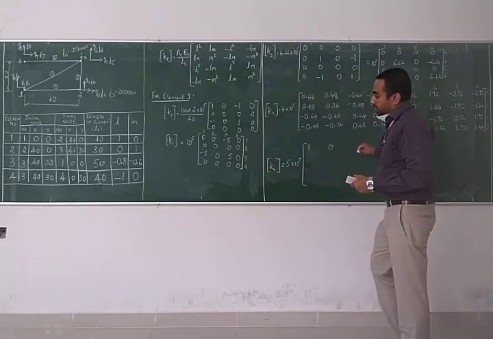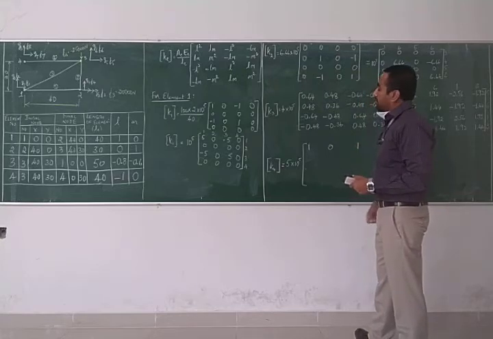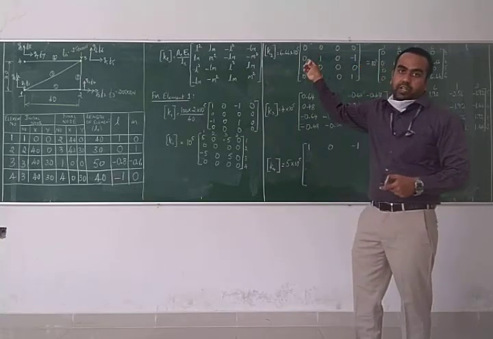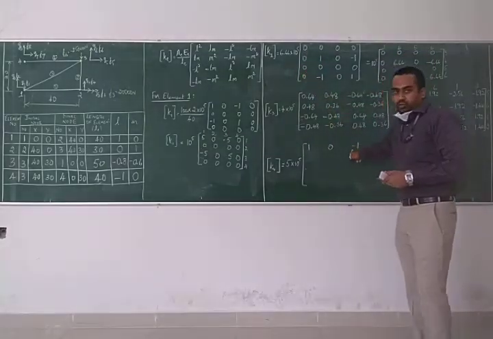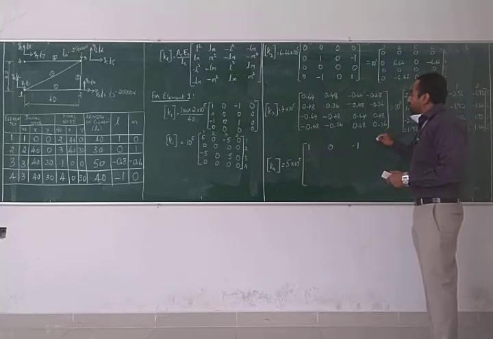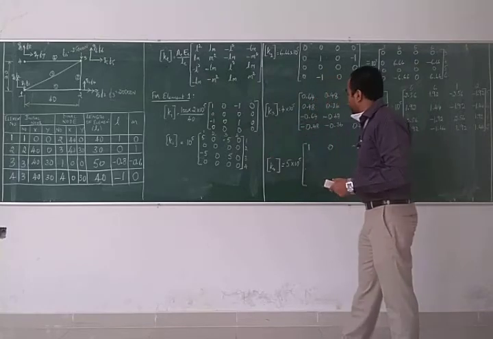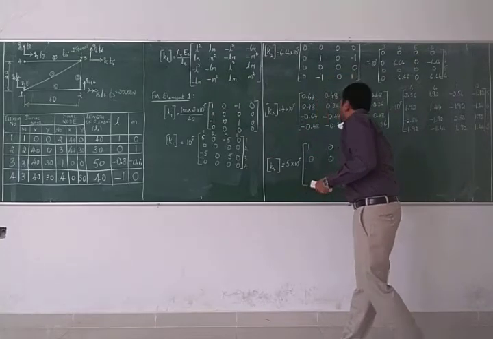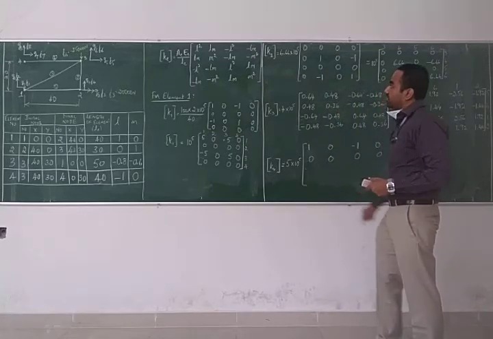Minus l square is minus 1. So l square is minus 1 whole square, which is 1, multiplied by minus is again minus 1. Then minus lm is 0. The same matrix as element 1 gets repeated. lm is 0, m square is 0, minus lm is 0, minus m square is 0.